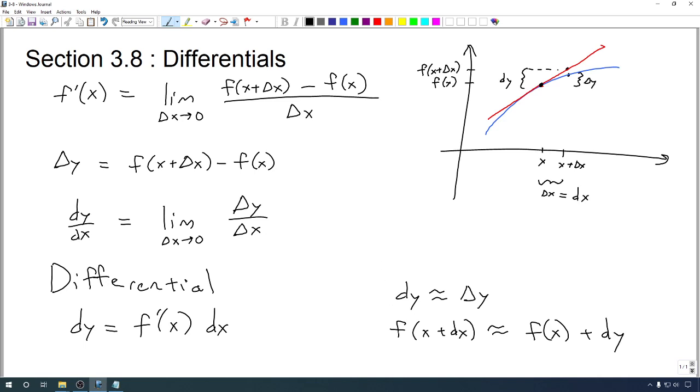So if we want the value of the function at this new point that's close to the original point, then all we need to do is take the y value at the original point plus this little change in our y value. That's the idea here.